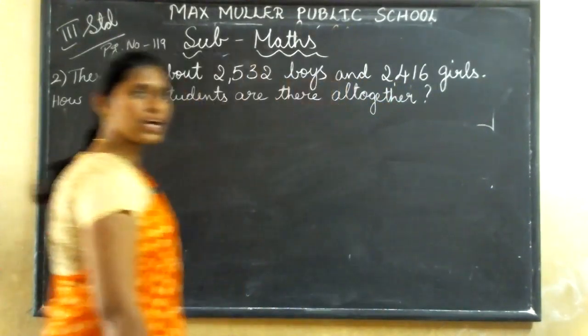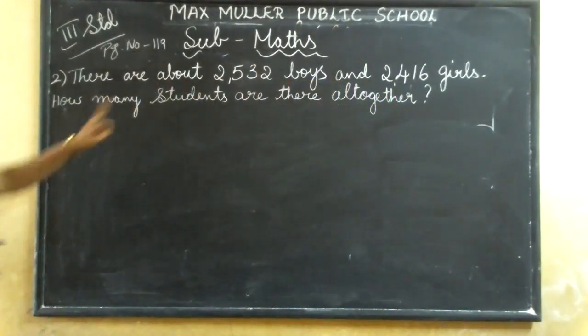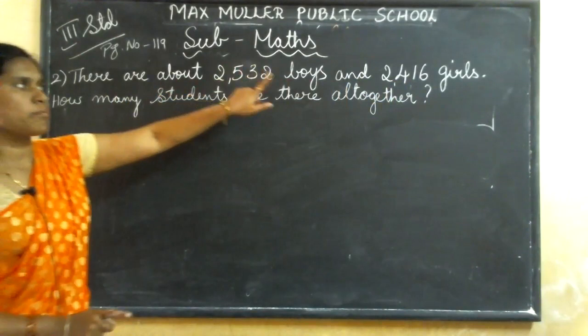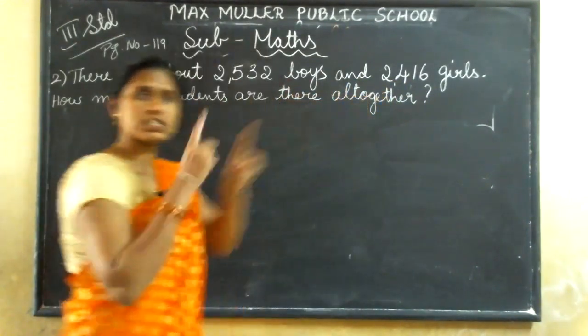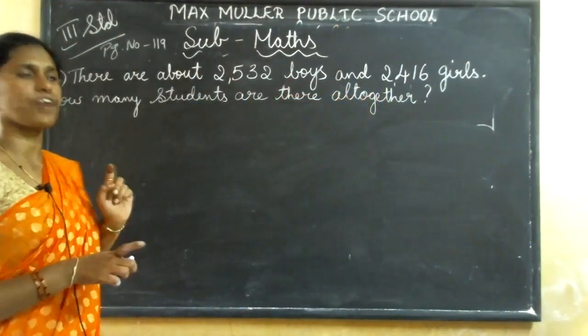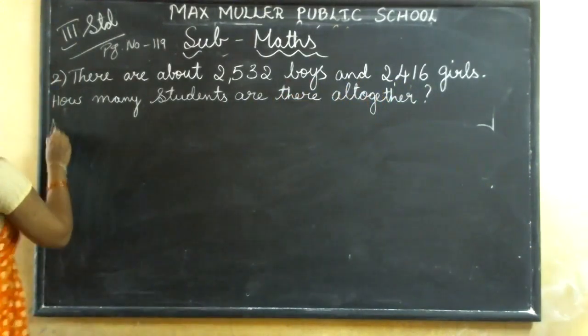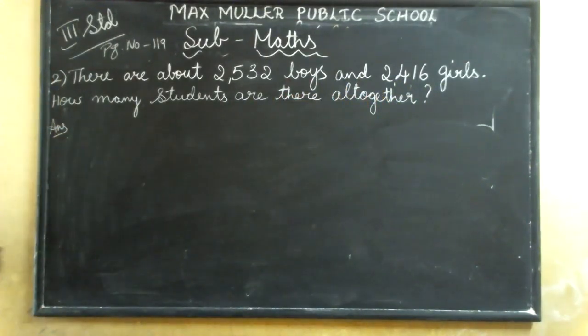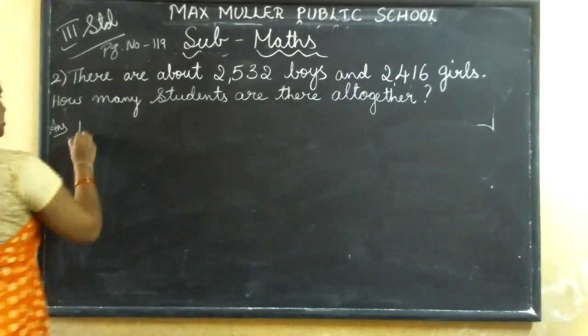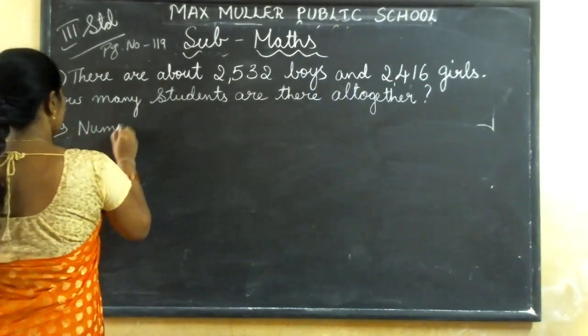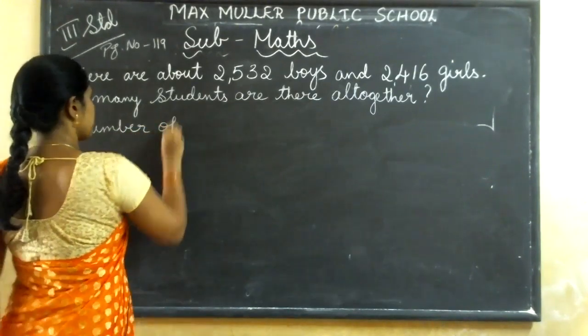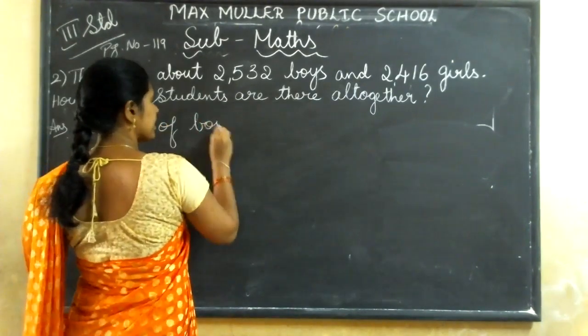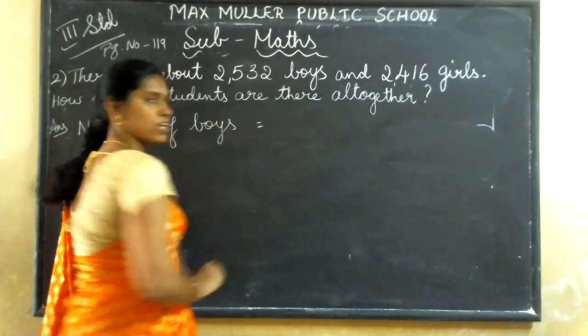They are giving so many boys and so many girls, so the total number of strength you have to find out. To find that one, answer, what are you going to write? Number of boys. You have already done this one in the revision book.